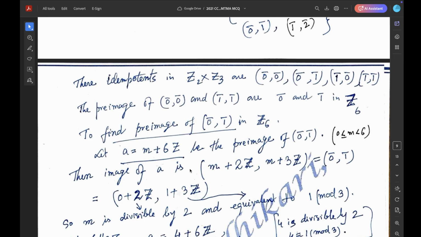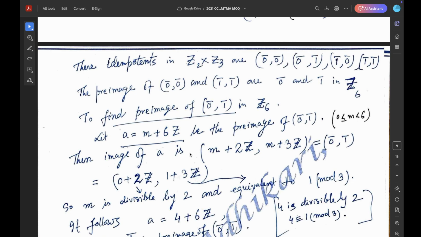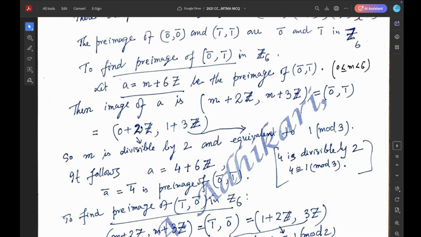Then the image of A is the ordered pair (m + 2Z, m + 3Z), and this equals (class 0, class 1). So m + 2Z is class 0 and m + 3Z is class 1.